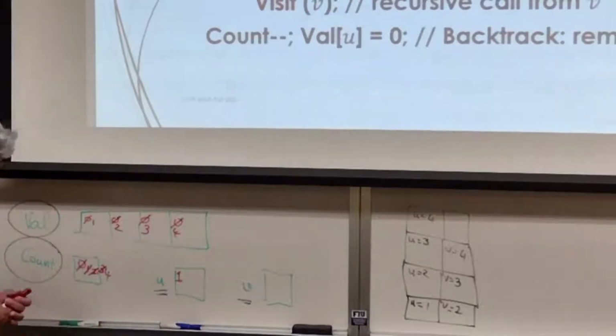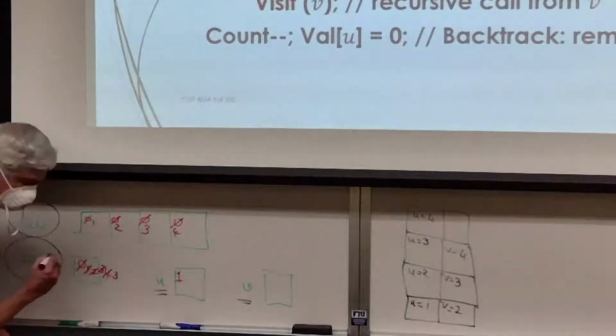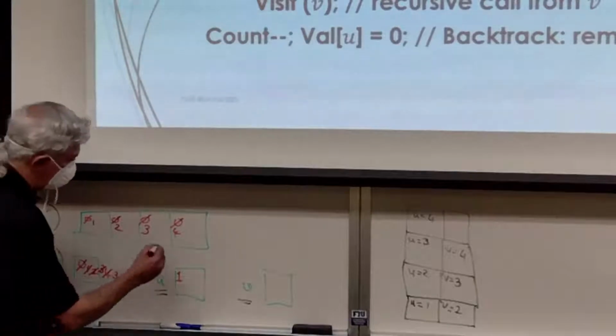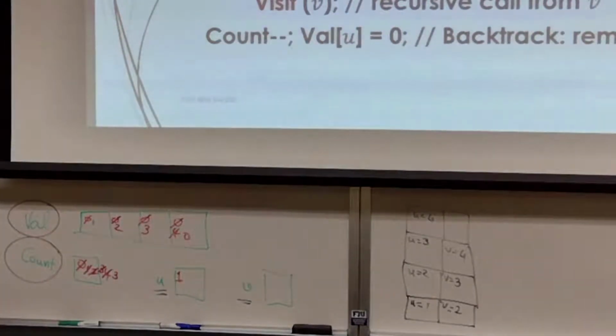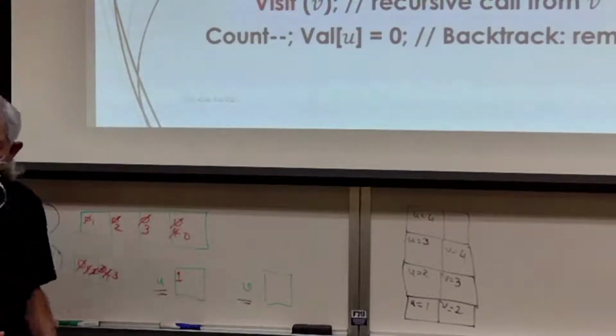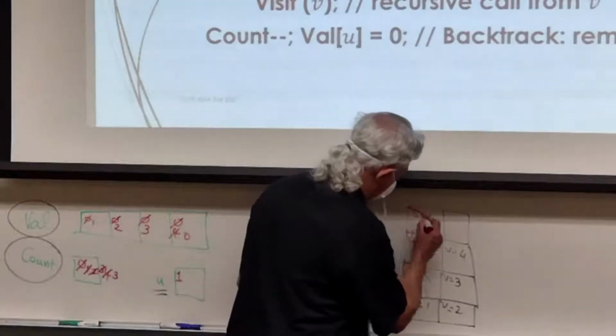And the backtrack part says decrement count. Make this a 0. And finish the recursive call. So this guy goes away.